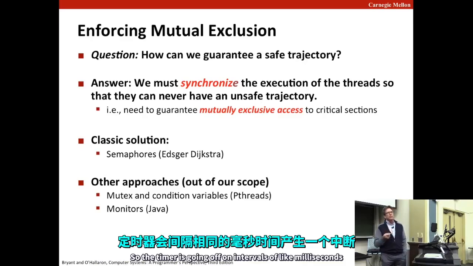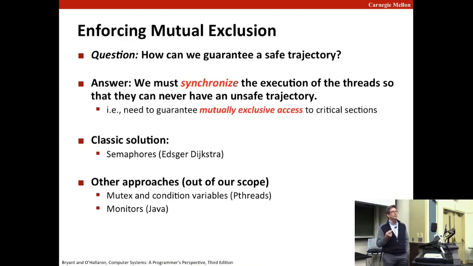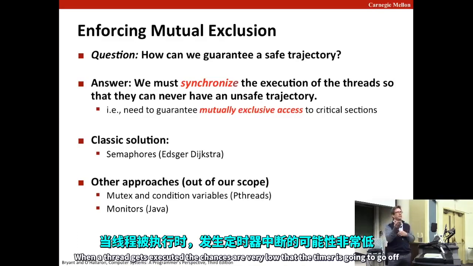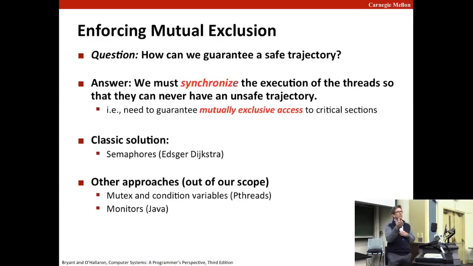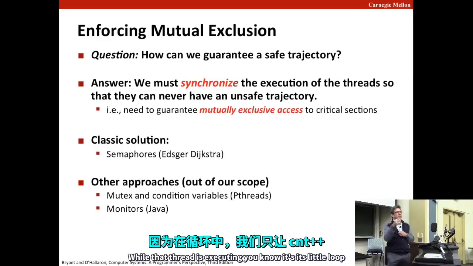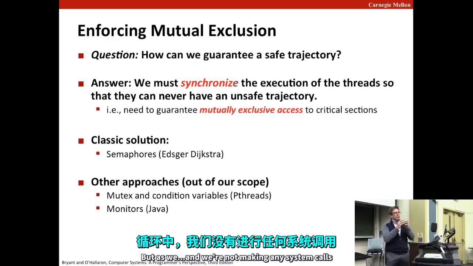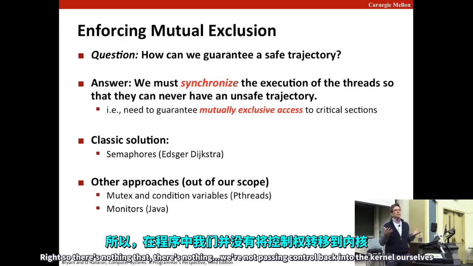So the timer is going off on intervals of like milliseconds. Right? So if we're just doing one iteration in each thread, when a thread gets executed, the chances are very low that the timer is going to go off while that thread's executing its little loop. But we're not making any system calls, right? So we're not passing control back into the kernel ourselves.